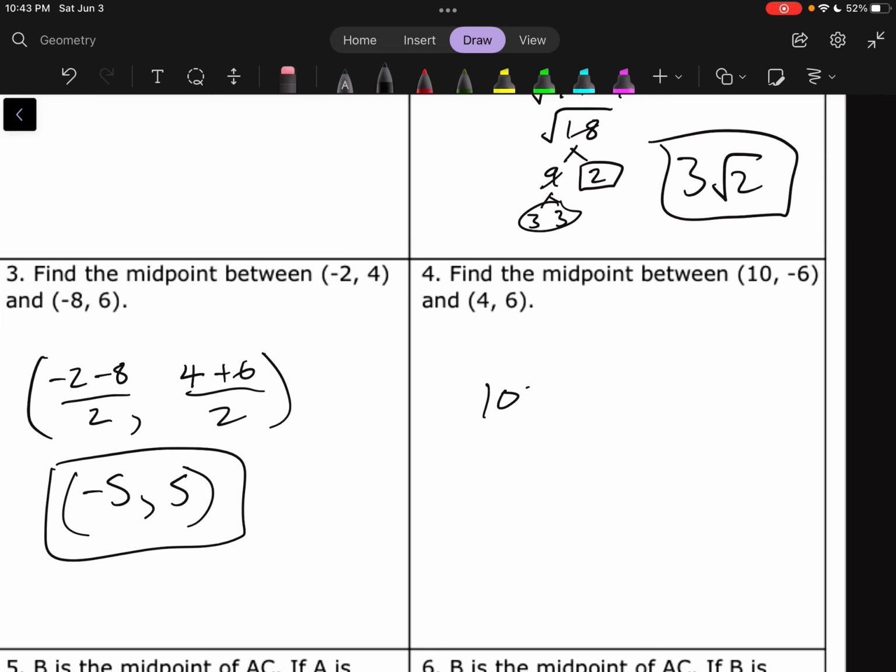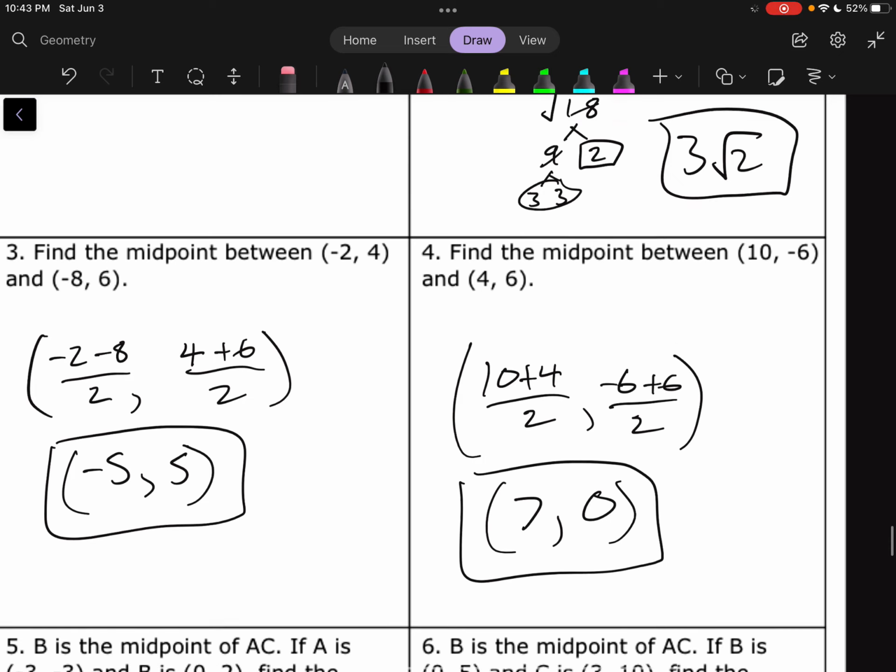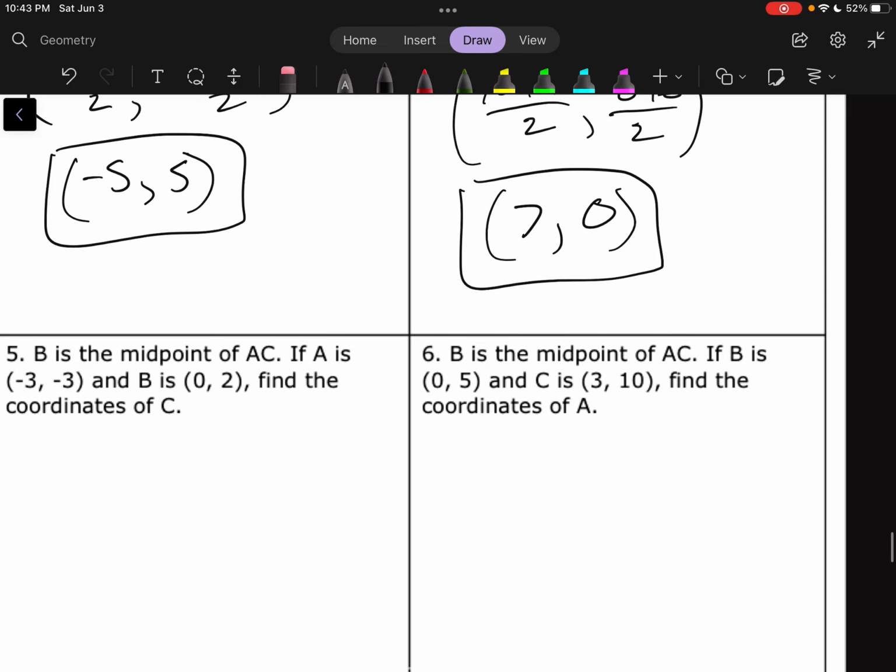Now the midpoint, we're going to do 10 plus 4 over 2, -6 plus 6 over 2. 10 plus 4 is 14, divided by 2 is 7. -6 plus 6 is 0, divided by 2 is 0.